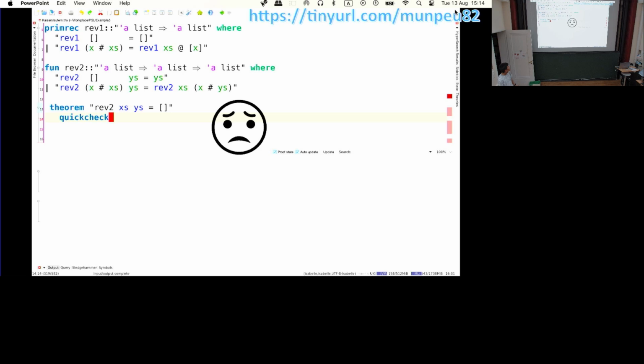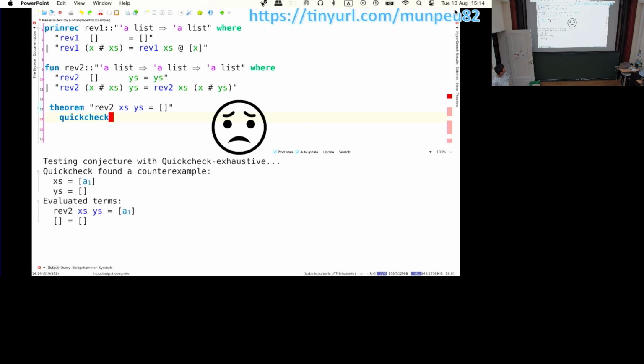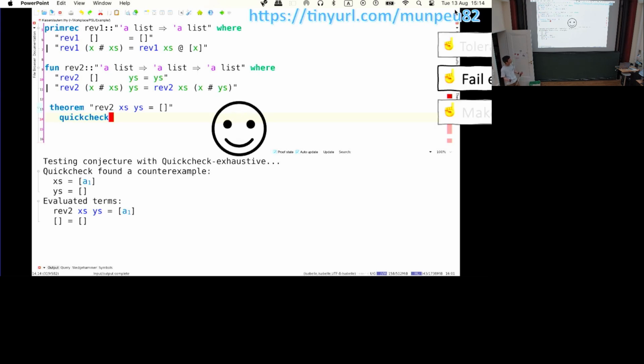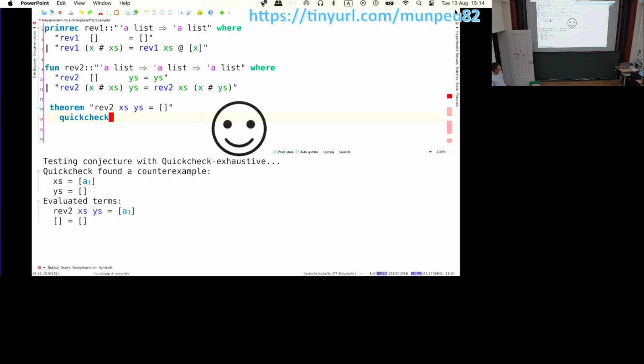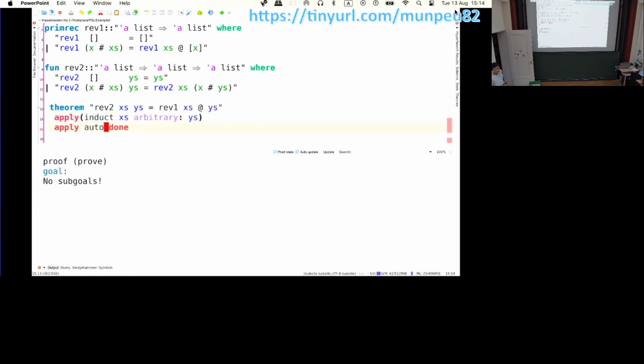And it basically tries to find a counterexample to the statement. And in this case, it found a counterexample presented here. So it was a mistake, but we noticed that we made a mistake, so we can avoid wasting time on this problem. So we managed to fail early. Yeah, so that's Isabelle.